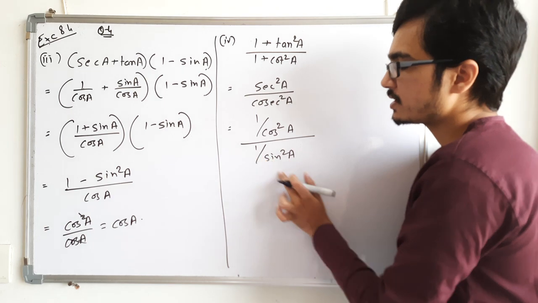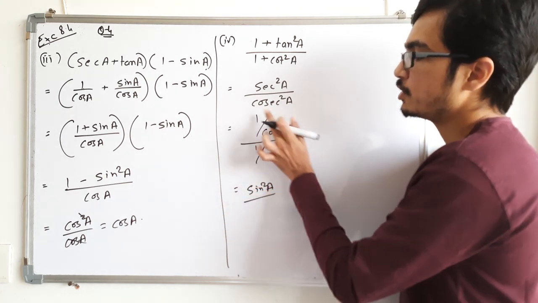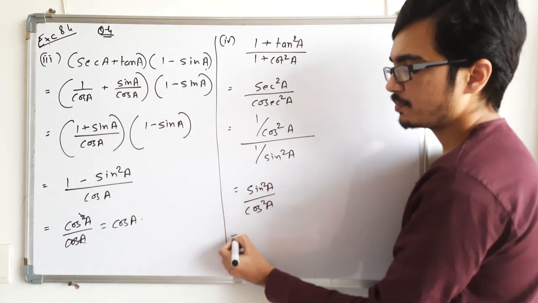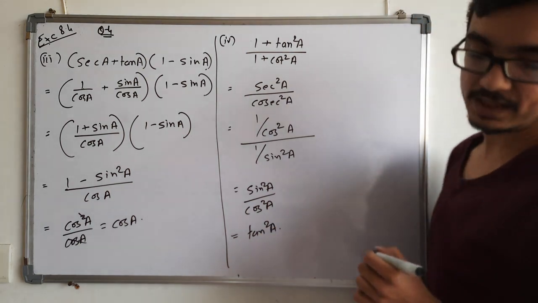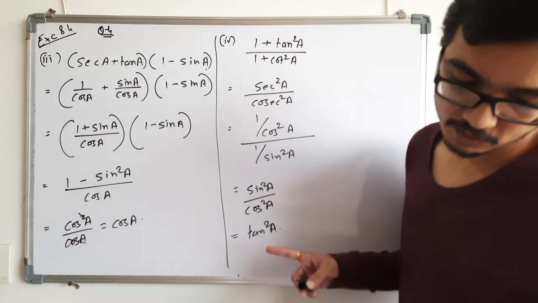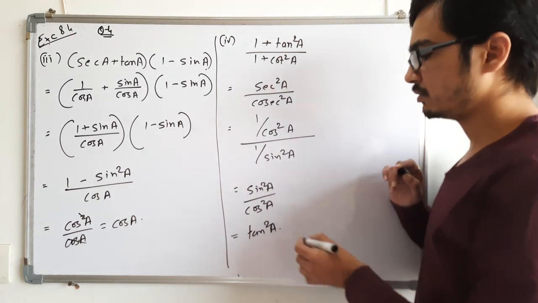Then the denominator becomes numerator and the numerator's denominator becomes denominator. Sin upon cos is tan, but the square is there, so tan square A. Option D. And here cos A, option D in both the questions.